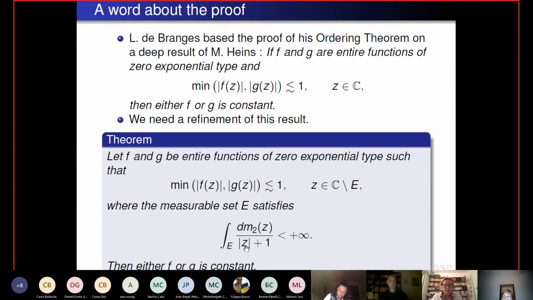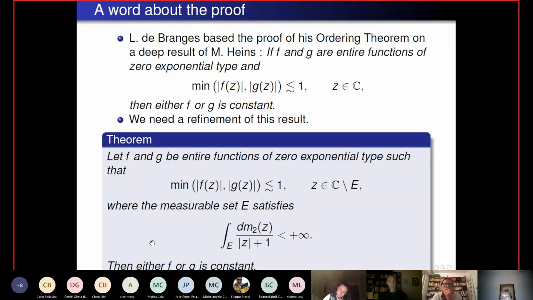This exceptional set, the condition is more than being planar, what was density 0. But still, it's not very restrictive, I would say. So it's a small set in some sense.